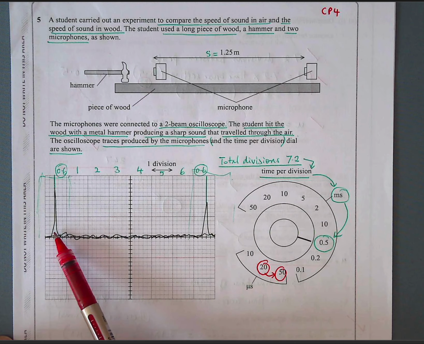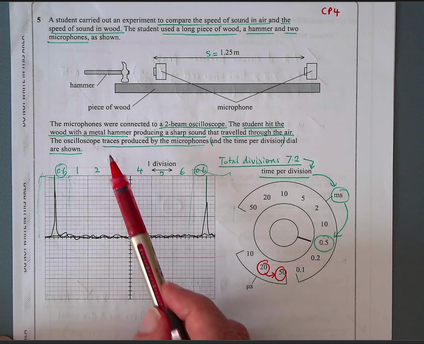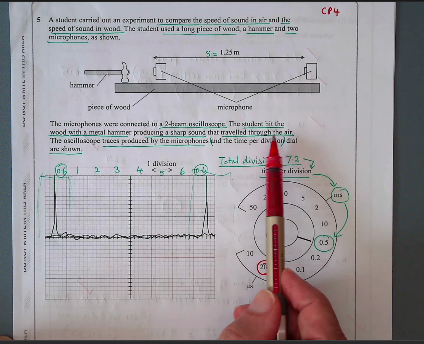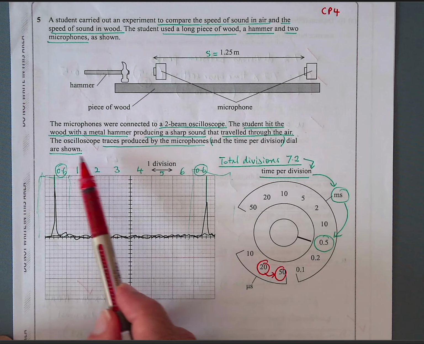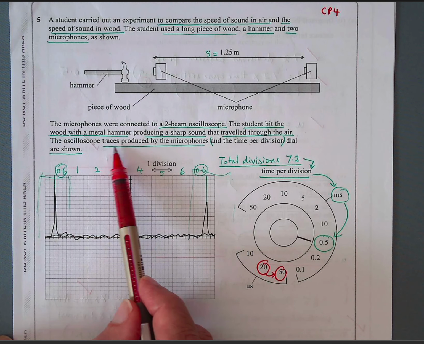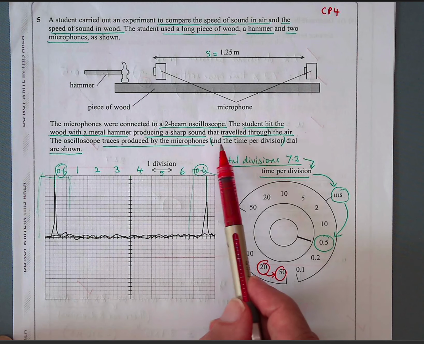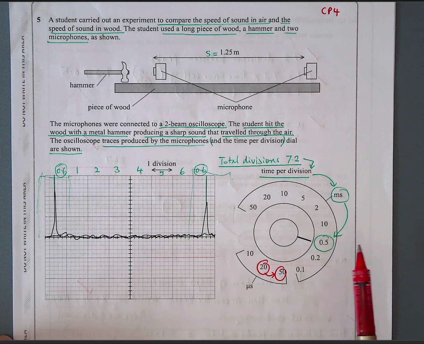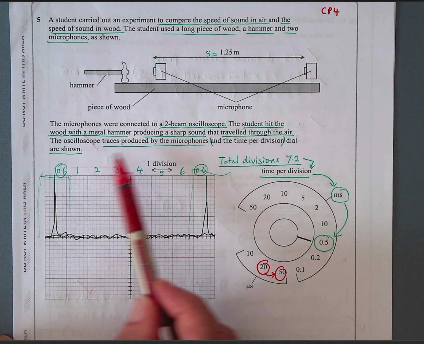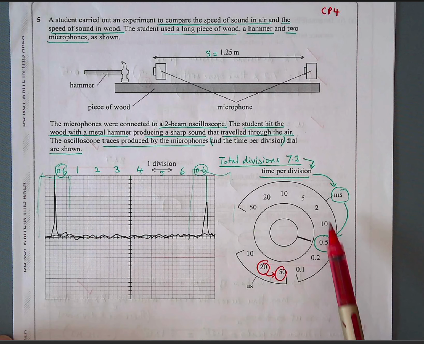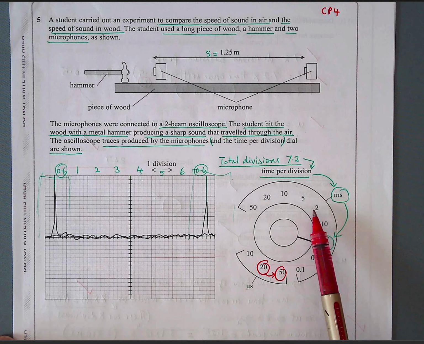So there will be microphone 1 and microphone 2 that travel through the air. So they're telling you that it's traveling through the air. The oscilloscope traces produced by the microphones, and the time per division given here in milliseconds, are shown. So this is what you see on the oscilloscope.